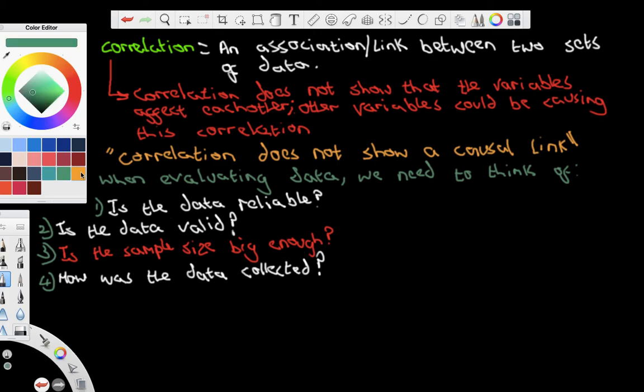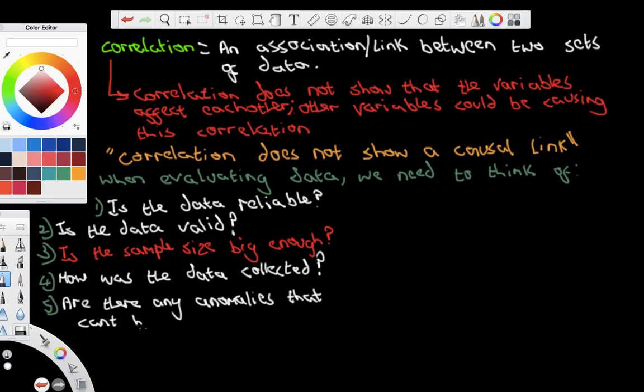Number 5. Are there any anomalies that can't be explained?